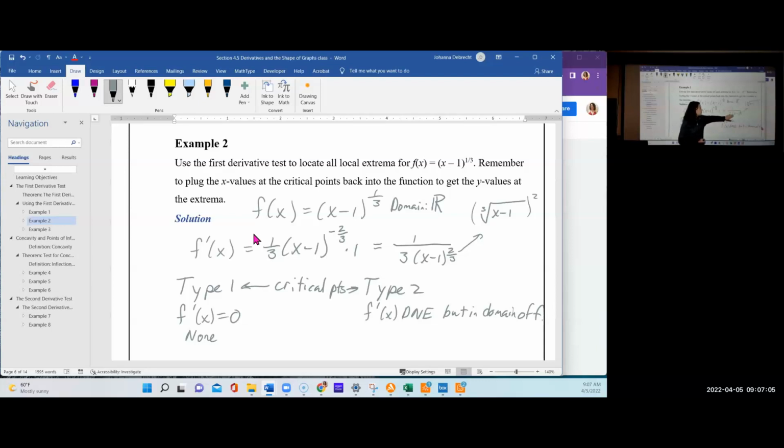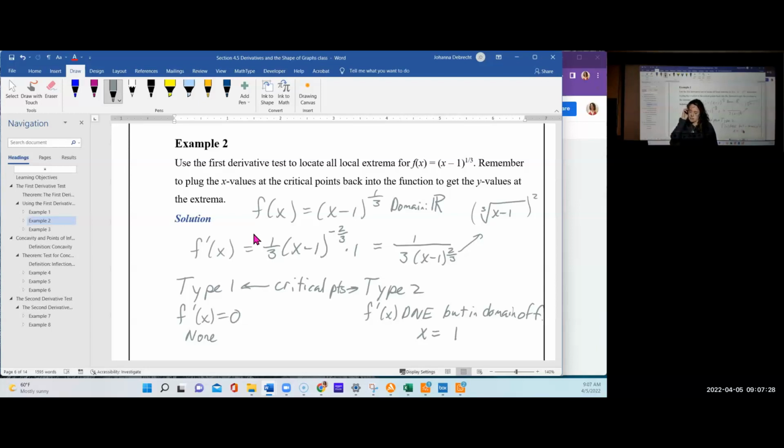And then we look at the first derivative and we say, is there a value that would make the denominator equal to 0? And of course there is. When this got moved to the denominator, that meant that x could not be 1. So we do have a type 2 critical point here. So our type 2 critical point is at x equal to 1.